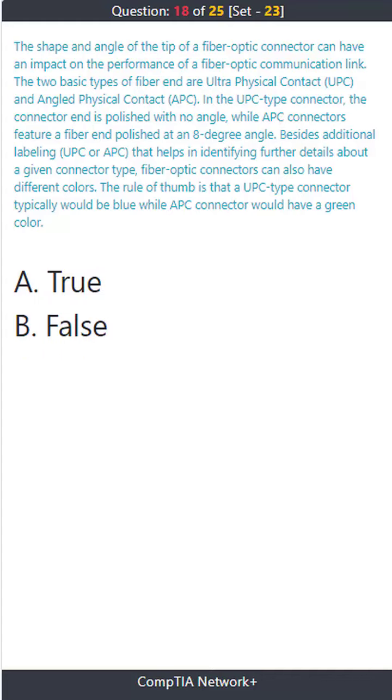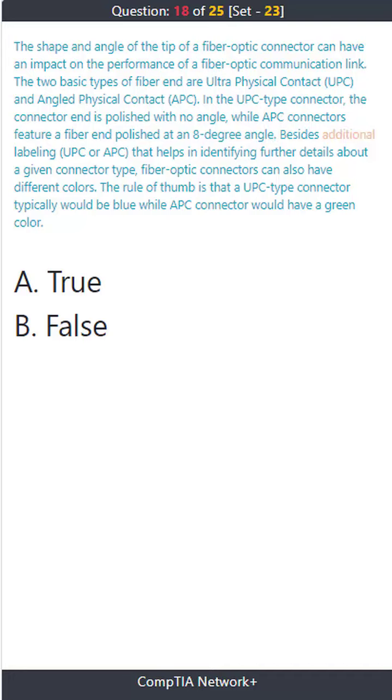Question 18. The shape and angle of the tip of a fiber optic connector can have an impact on the performance of a fiber optic communication link. The two basic types of fiber end are ultra physical contact, UPC, and angled physical contact, APC. In the UPC type connector, the connector end is polished with no angle, while APC connectors feature a fiber end polished at an 8-degree angle.